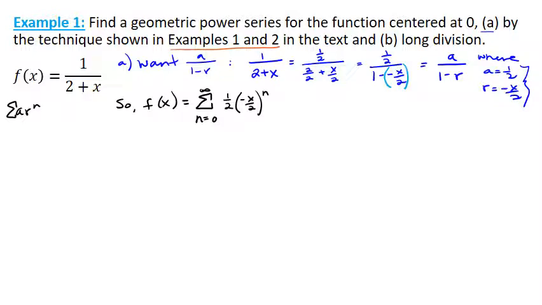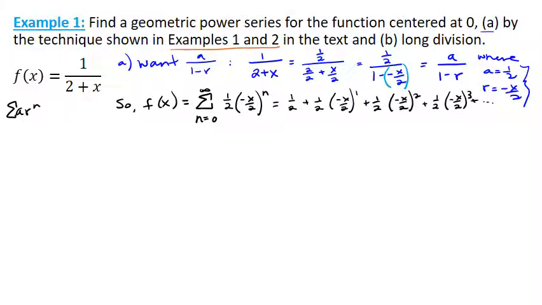Now, it's sometimes helpful to write out the first several terms of this so we can see what's happening. And when we do that, we get 1/2 plus 1/2 times negative x over 2 to the first, and we're starting with 0, plus 1/2 times negative x over 2 squared, plus 1/2 times negative x over 2 cubed, so on and so forth.